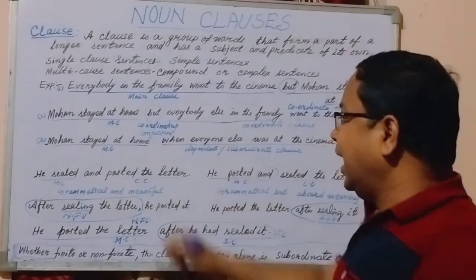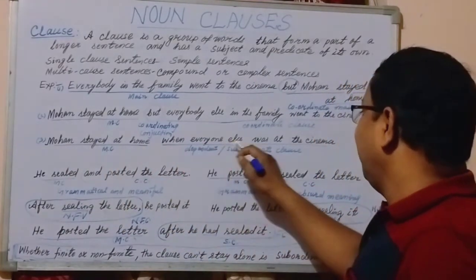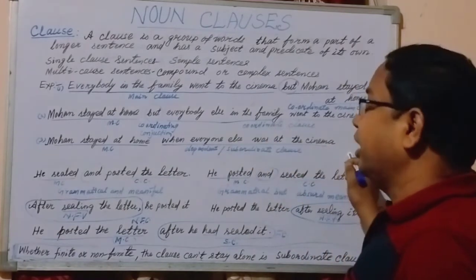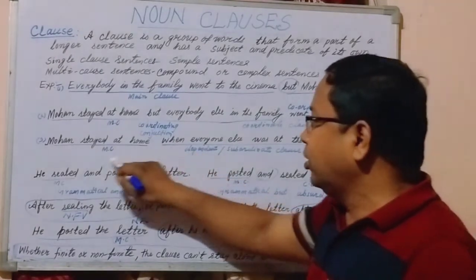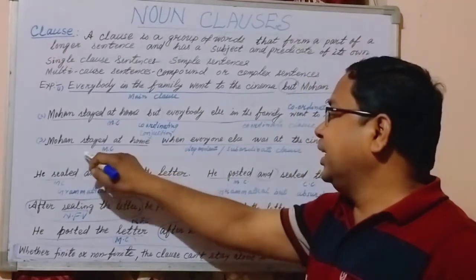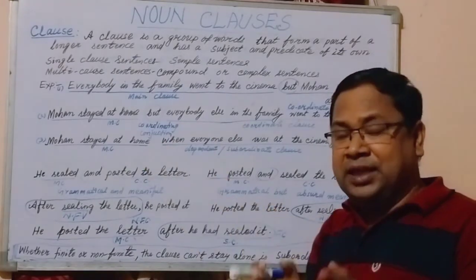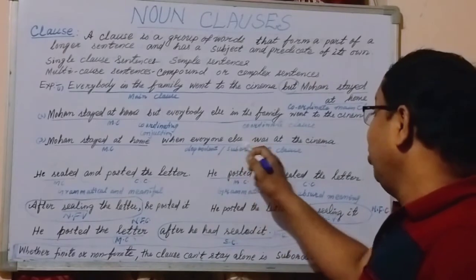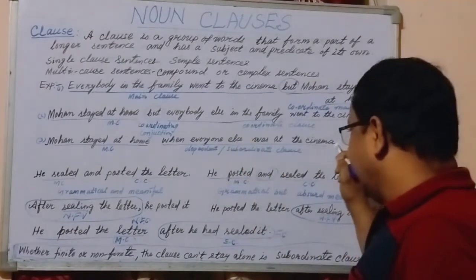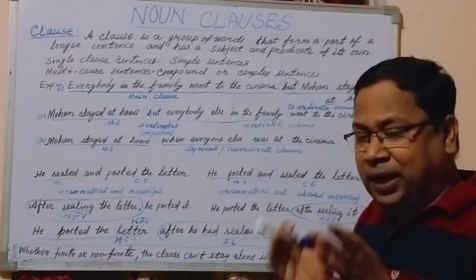In the third example, you see here, Mohan stayed at home when everyone else was at the cinema. In this sentence, there are also two clauses. Mohan stayed at home is one clause, and this clause can be separated, but the latter one, when everyone else was at the cinema, cannot be separated. It cannot be placed separately.